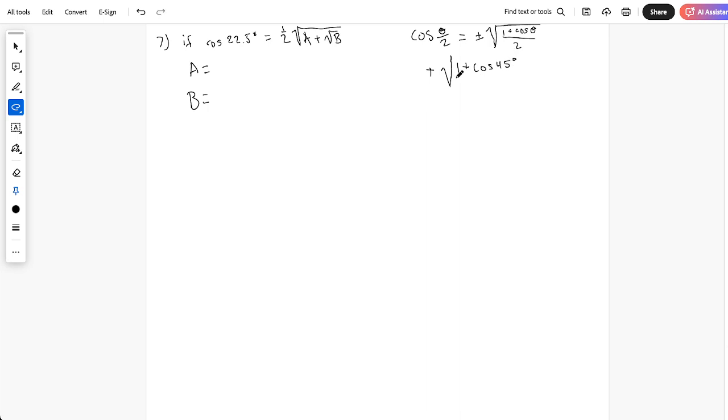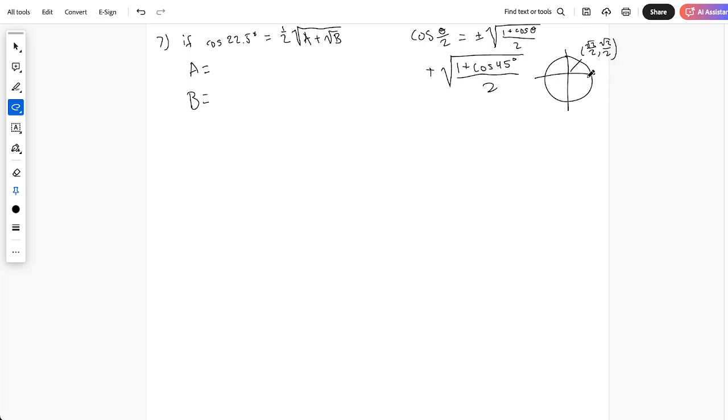And all that over 2. And the over 2 is in the square root at this point. Okay, now the cosine of 45 degrees on the unit circle, I've memorized what that is. It's right here, and the coordinates from it are the square root of 2 over 2, comma, square root of 2 over 2.